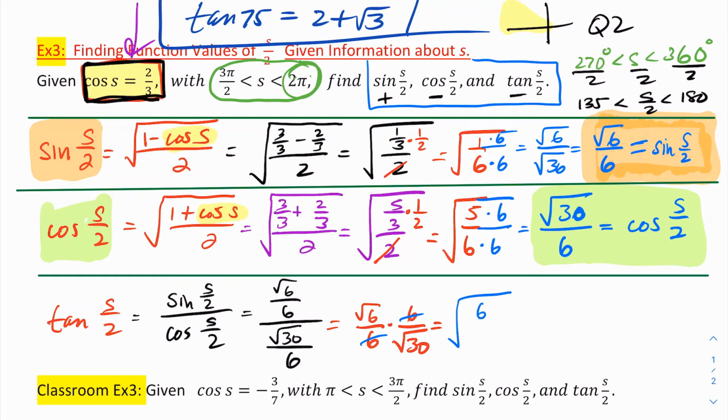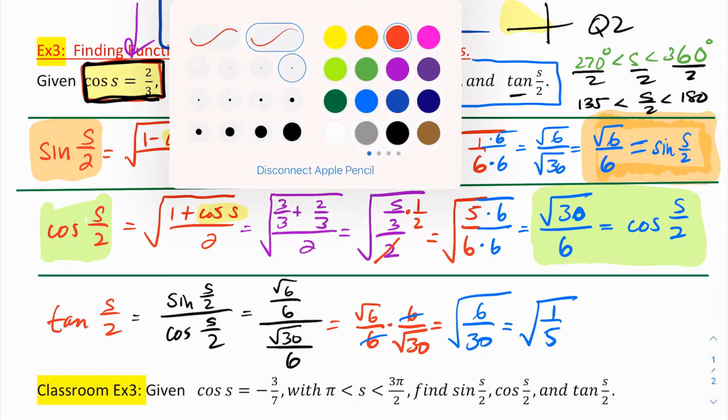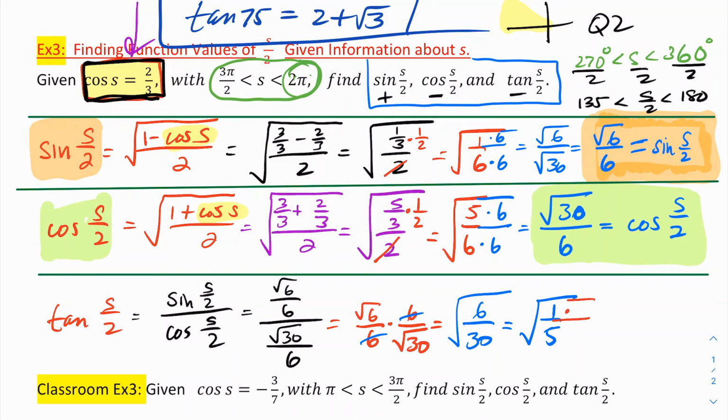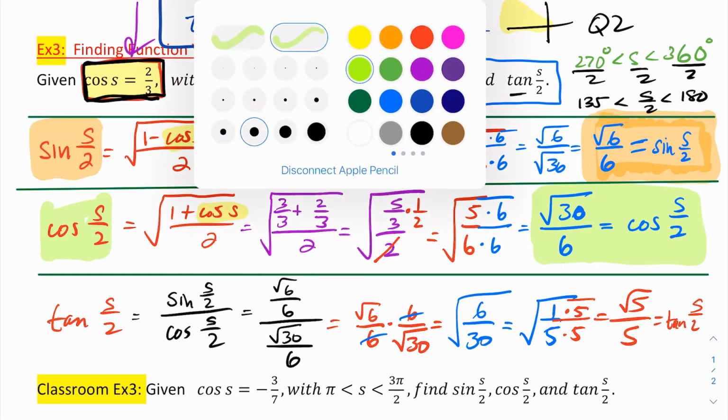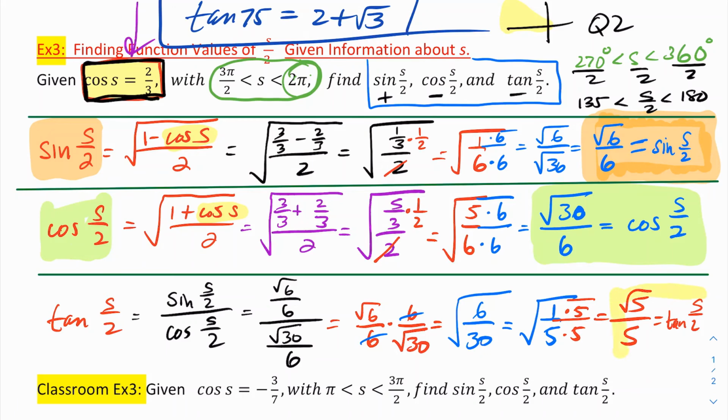You're going to get the square root of 6 over 30, which is the square root of 1/5. And we can't leave the 5 in the denominator. So we're going to multiply top and bottom by 5. And that's going to give me the square root of 5 over 5, which is tangent of s over 2. And I'll do that in yellow.